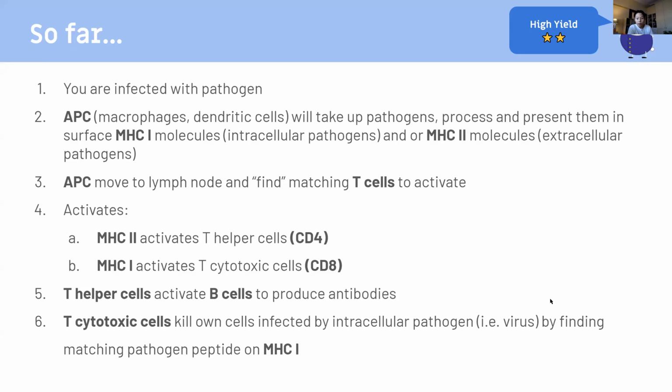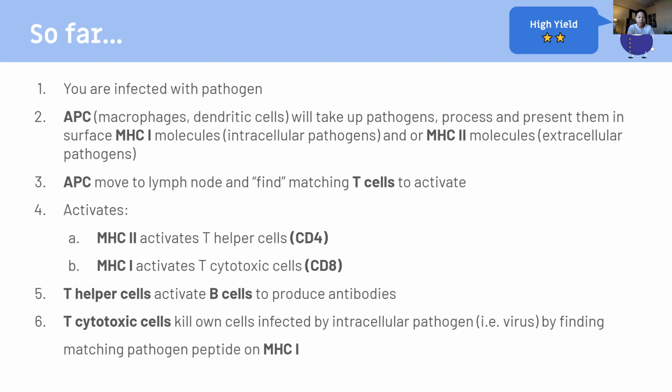So, a bit of a recap. When you are infected with a pathogen, your antigen presenting cells, so your macrophages, your dendritic cells, will take up pathogens, process and present them in their surface MHC class 1 molecules. That's if they're intracellular pathogens, for example, viruses.